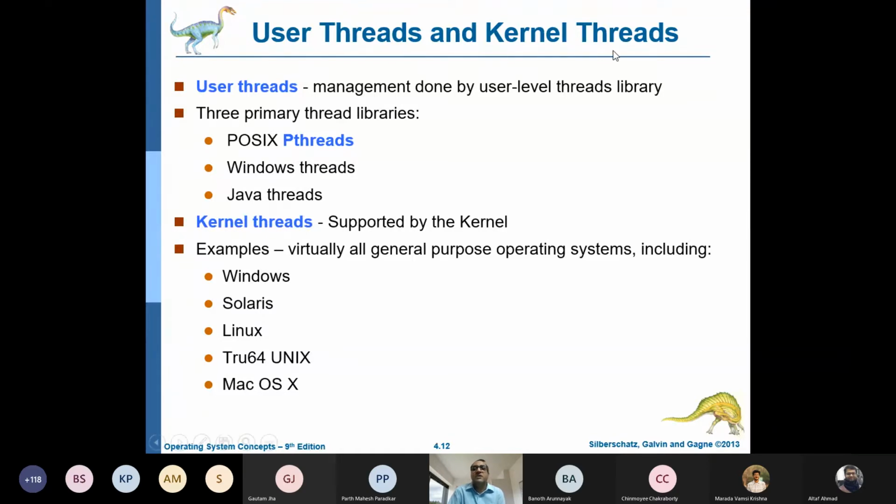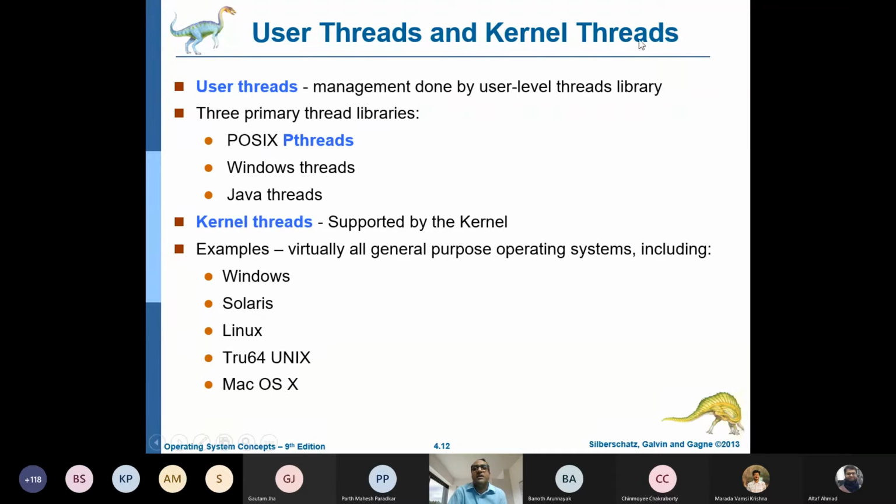Kernel threads are threads managed by the kernel, because the kernel, the operating system, is also a process. If the kernel supports multiple threads, it can run in parallel across multiple cores.